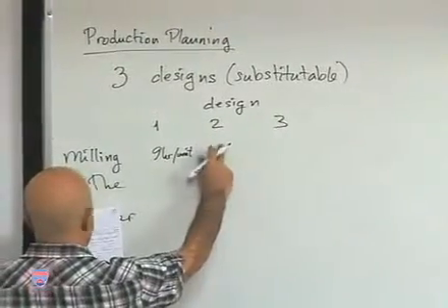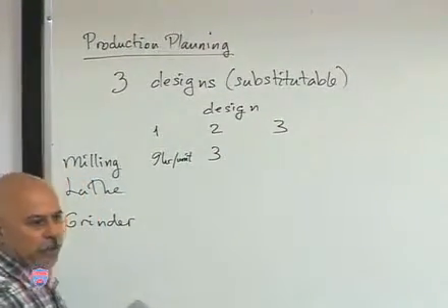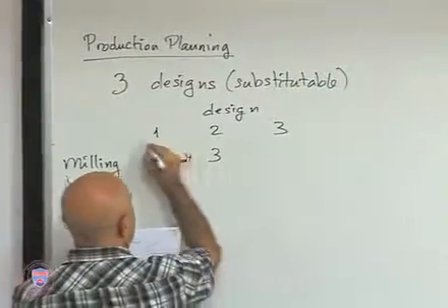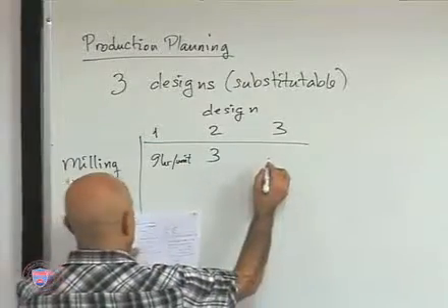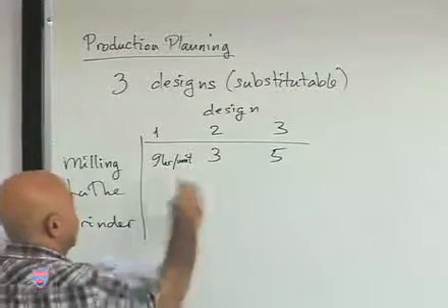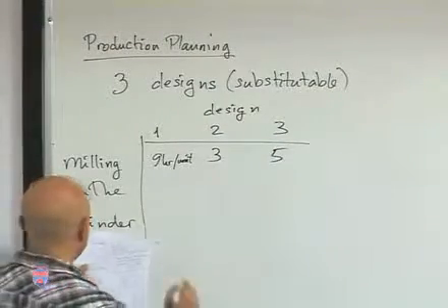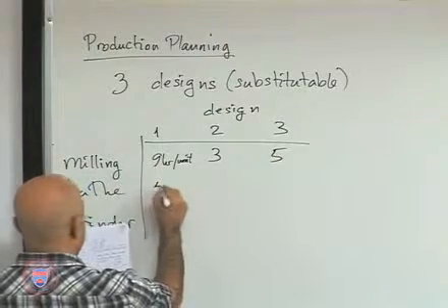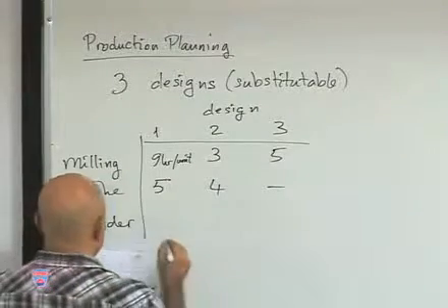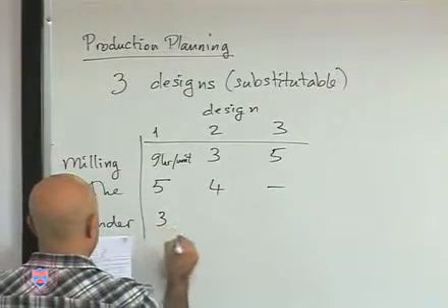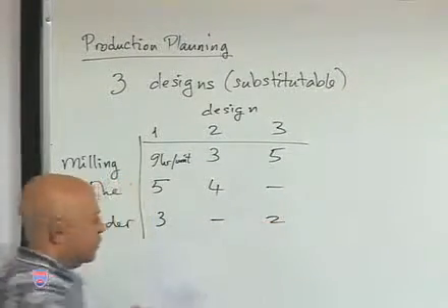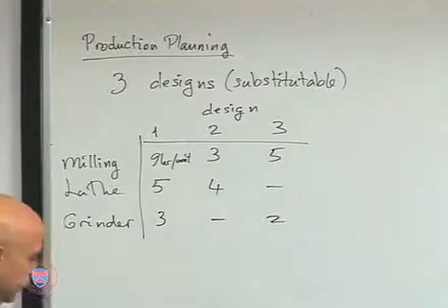If you happen to use the second design, you spend 3 hours in the milling department. So that particular design is easier to work with in the milling department at least, and then 5 for the third design. These are all hours per unit. Okay? For the lathe, we have 5 and 4. The third design does not need the lathe. And for the grinder, we have 3 hours per unit, nothing for the second design, and 2 hours for the third design.